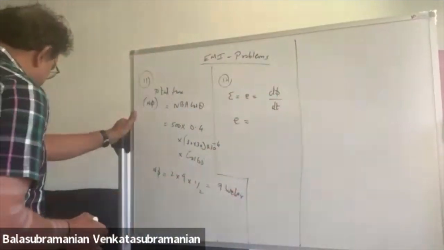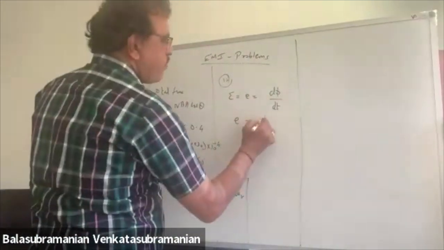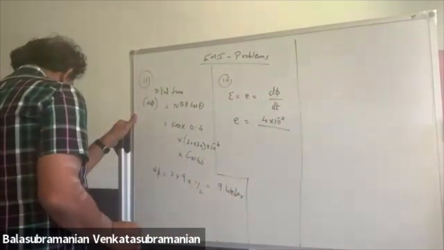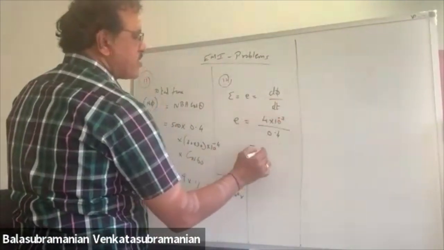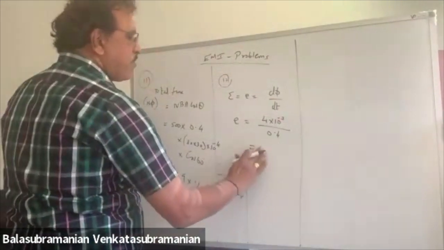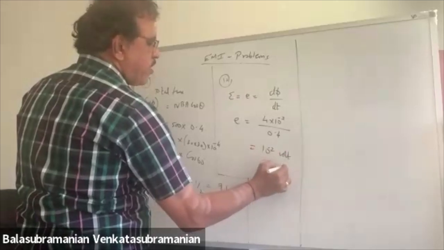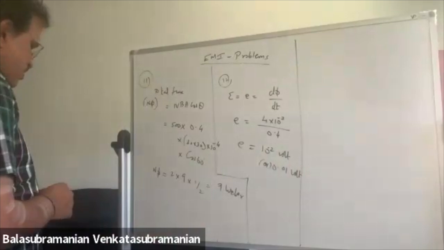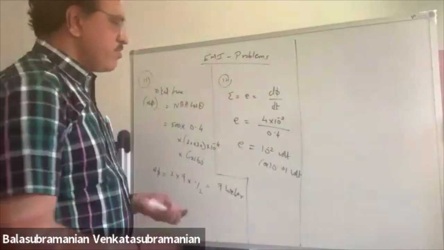What is magnetic flux change? 4 milliweber, 4 into 10 power minus 3. Time taken 0.4. So this is 10 into 10 power minus 3. That is 10 power minus 2 volt or 0.01 volt, or 10 millivolts. Anything you can write, no problem. All are same.